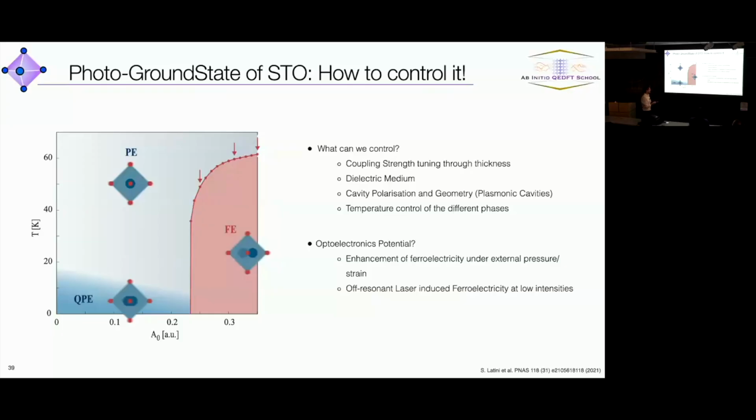But now you can have H0 as another axis, which is the light matter coupling strength. And then you could, by scanning through H0, access different phases of the material. So you could go from the quantum paraelectric to the ferroelectric or to the standard paraelectric and so on and so forth. And this kind of transition can also be affected by the temperature.